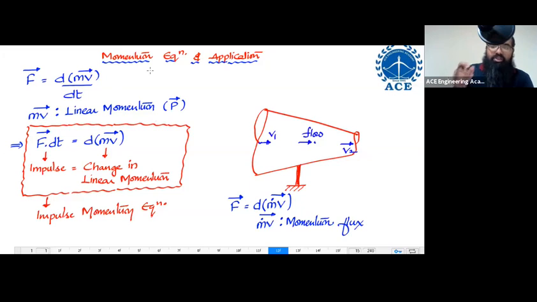That is why I should define how much mass per unit time is flowing. Since I have to define that, I'm going to give the mass variation with respect to time. So this dt term will act for mass, and therefore I will write m dot, then multiply by v. This m dot into v is called momentum flux.